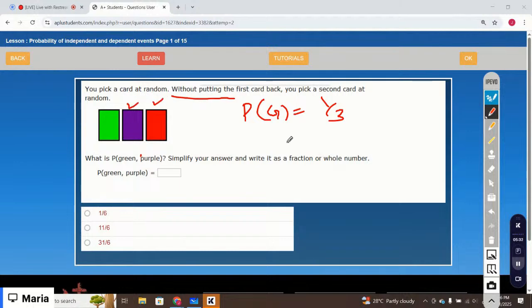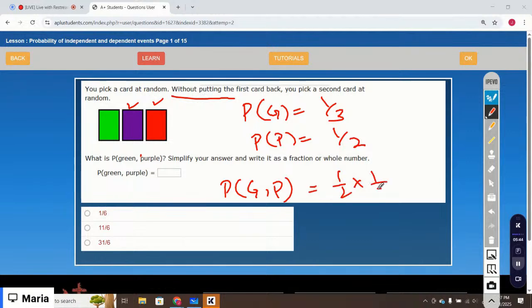Now you have only two cards. The probability of purple is 1 out of 2. So the probability of green and purple is 1 by 2 times 1 by 3, that equals 1 by 6.